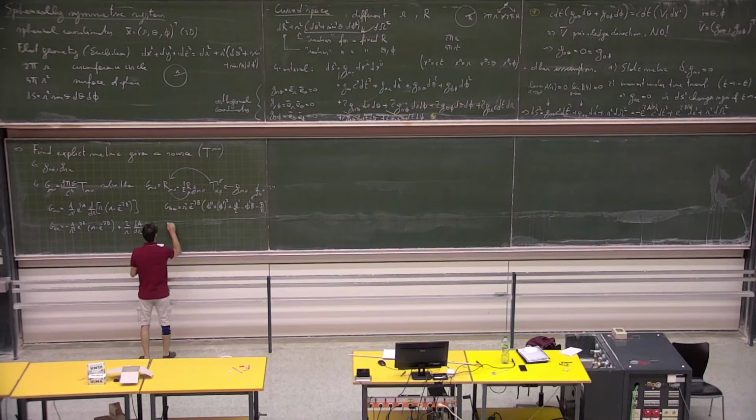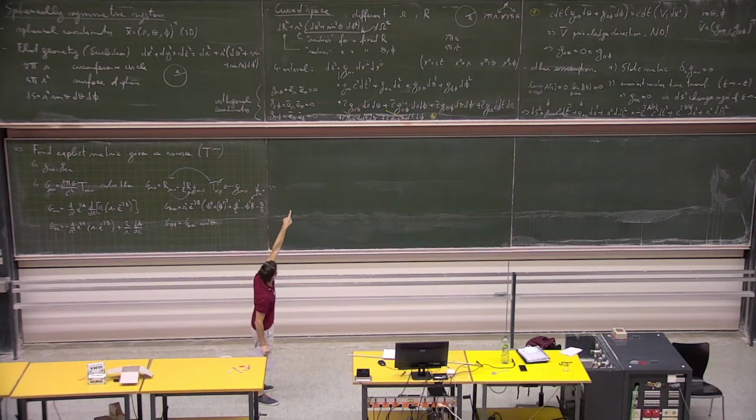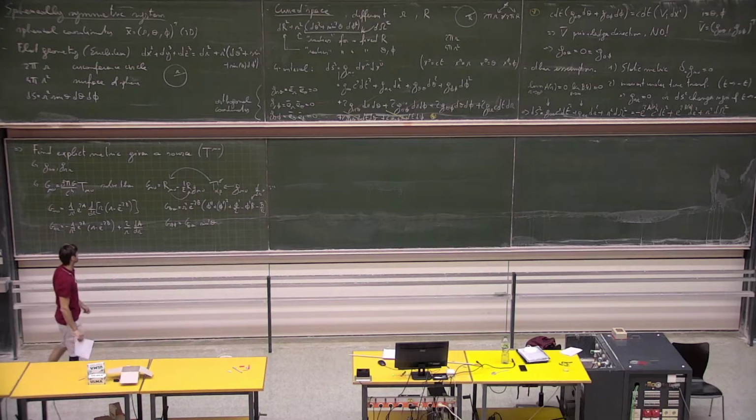And then we have g phi phi, which is the same stuff, but multiplied by the sine squared of theta, which is an imprint of the definition of the d omega. You see that in front of the d theta squared there is a sine squared. So that's an inheritance of that term. What about all the other terms?